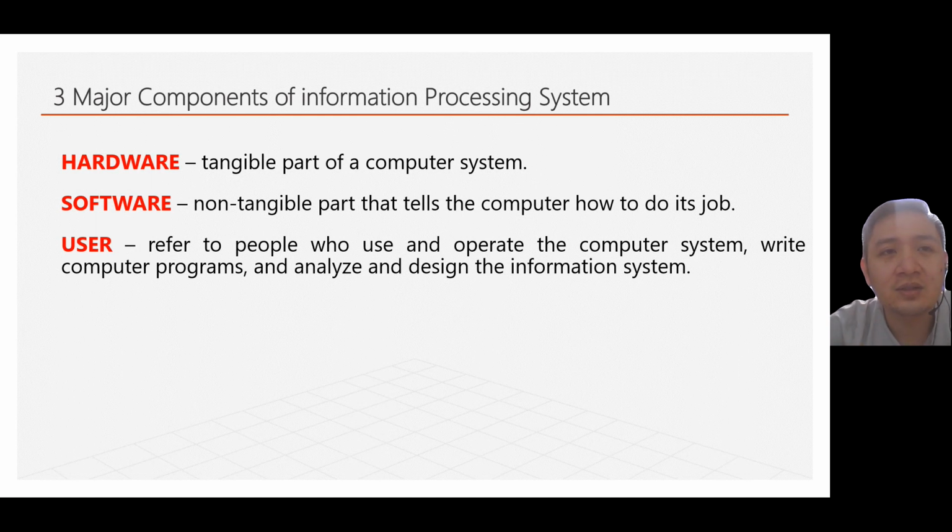It's in your week 1 material. When we say tangible, it means it is the part of the computer that we can touch and see. Examples are the input and output devices like your monitor, your keyboard, and the likes.